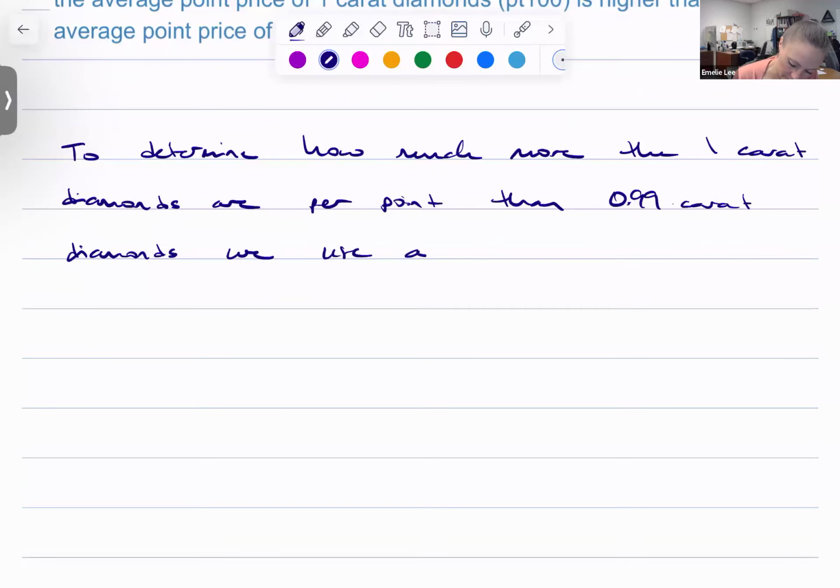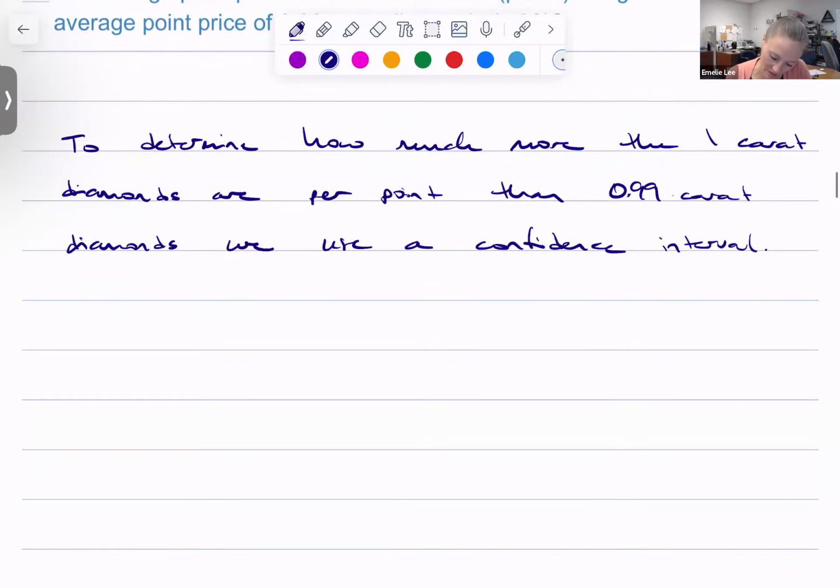We use a confidence interval. Let's make a 95% confidence interval for the difference in the mean point prices.